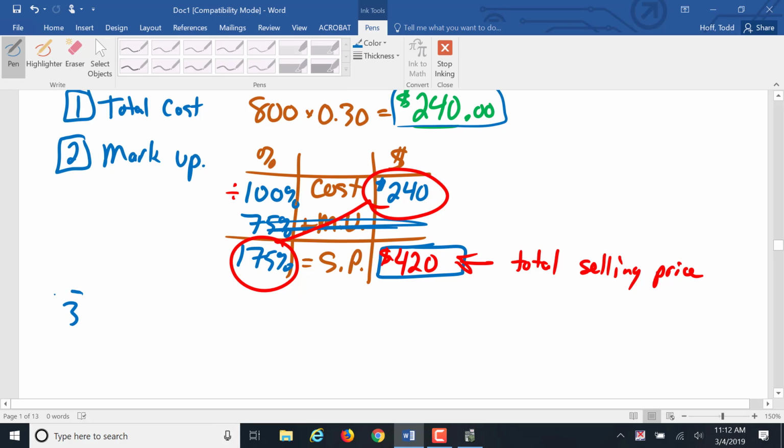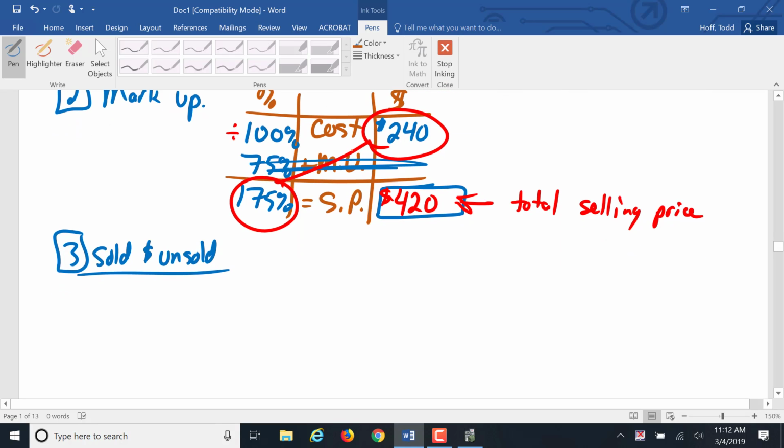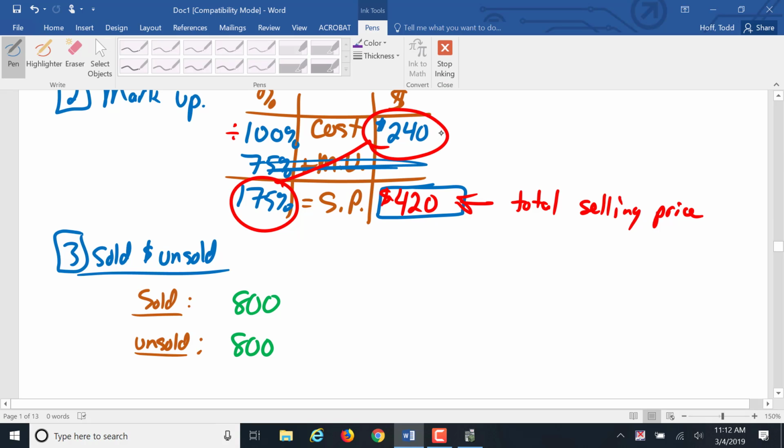So now in our step three, we need to find out how many are sold and unsold. So we have 800 brownies that are being produced here. 15% on average go unsold.